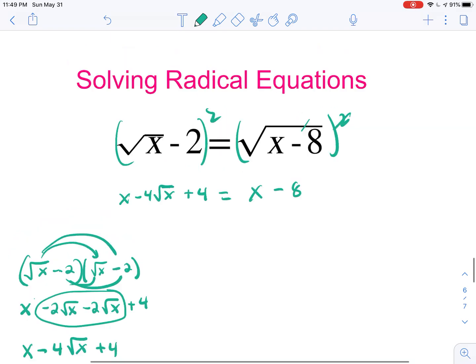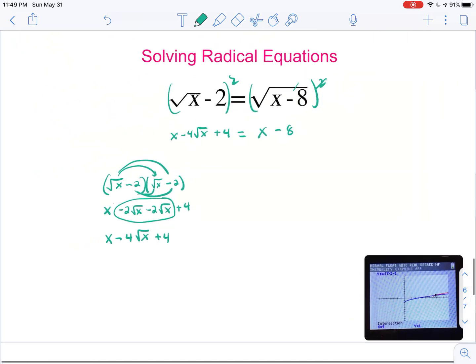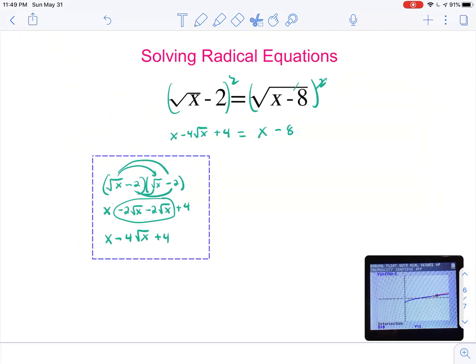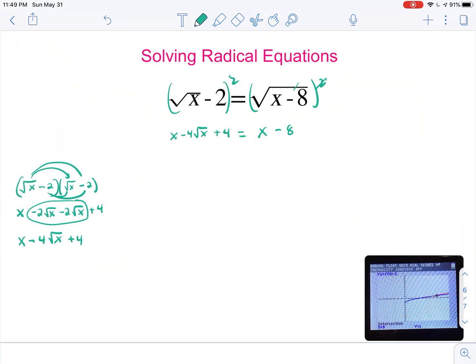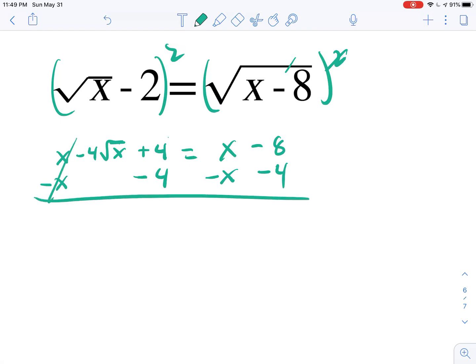Isolate it again. So to do that, first I'm going to do any addition or subtraction that's in the way. Okay, I'm actually going to move this over. So what addition or subtraction do I have? Well, I'm going to subtract this x to that side. I'm going to subtract this 4 to that side. This cancels. This cancels. Oh, and even luckier, these two cancel, and I'm left with a minus 12.